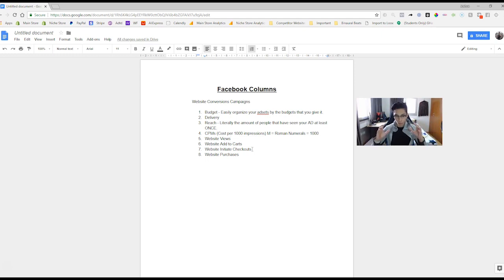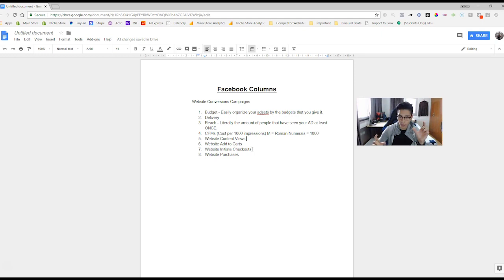When you have these columns, you know you're looking at the right things because these are all the things that you need to know. Anything else is extraneous. So it's a very nice funnel where you can see your customers going through.